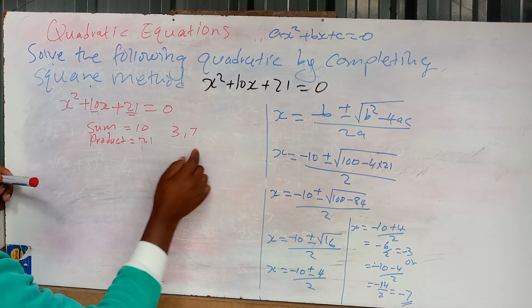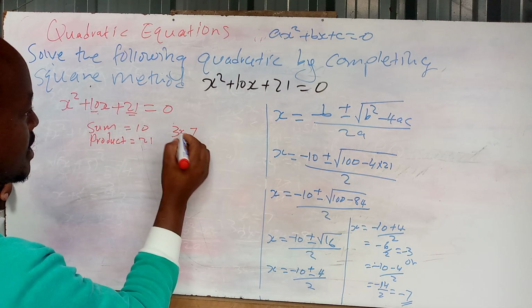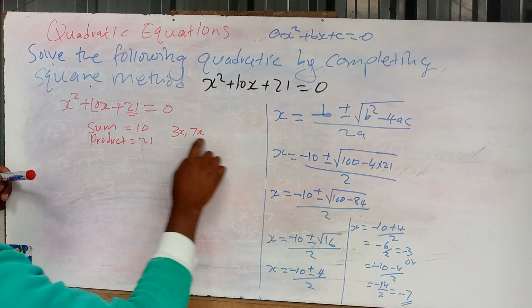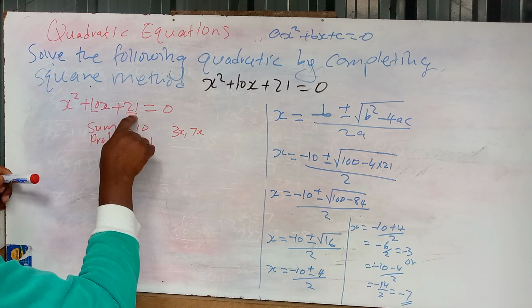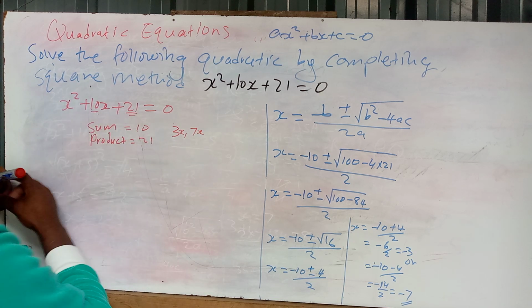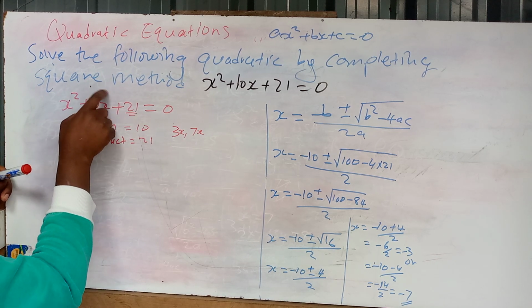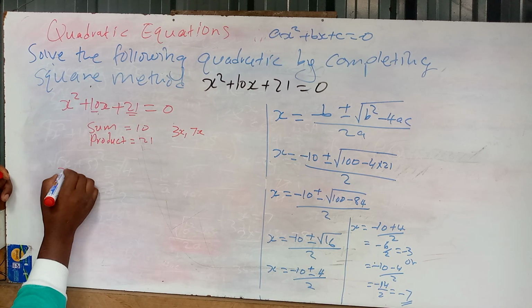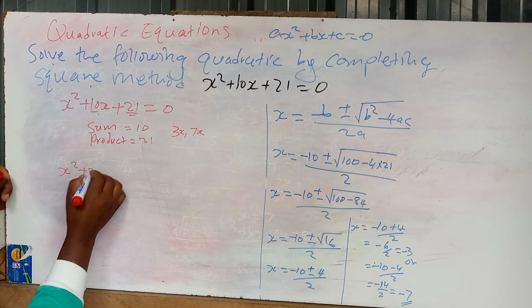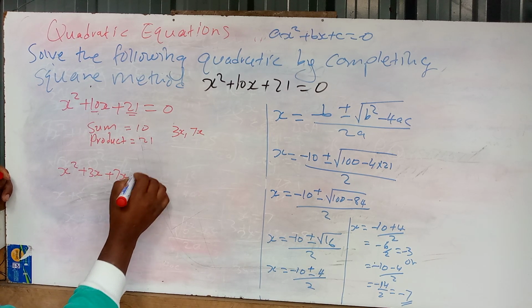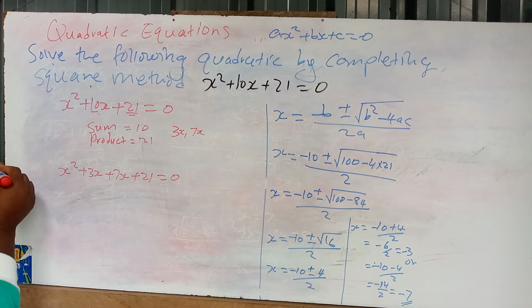When you add these numbers, and remember they will have x, when you multiply them, you get 21. When you add them, you get 10. So therefore, we substitute for this 10x, and we get x squared plus 3x plus 7x plus 21 is equal to 0.